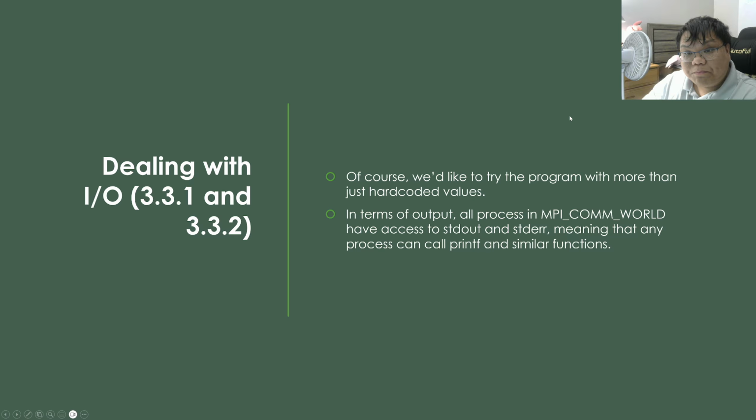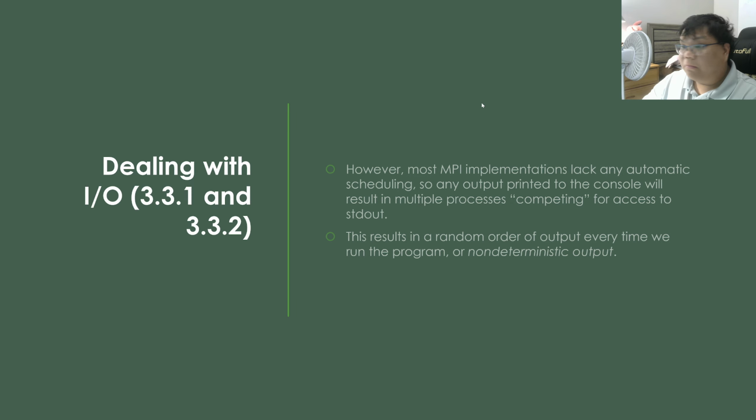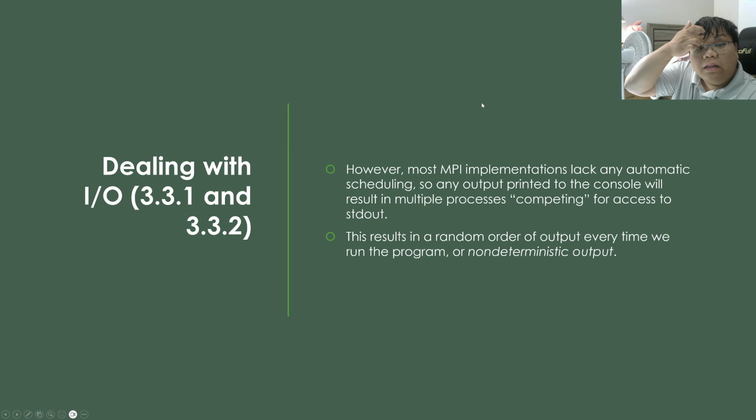But what about input? Because depending on how we code this program, you might have the user be prompted to enter in the left endpoint, the right endpoint, and the number of trapezoids for the area calculation. Which process is going to do that? Well, most MPI implementations lack any automatic scheduling, so any output printed to the console will be in whatever order it happens to be.